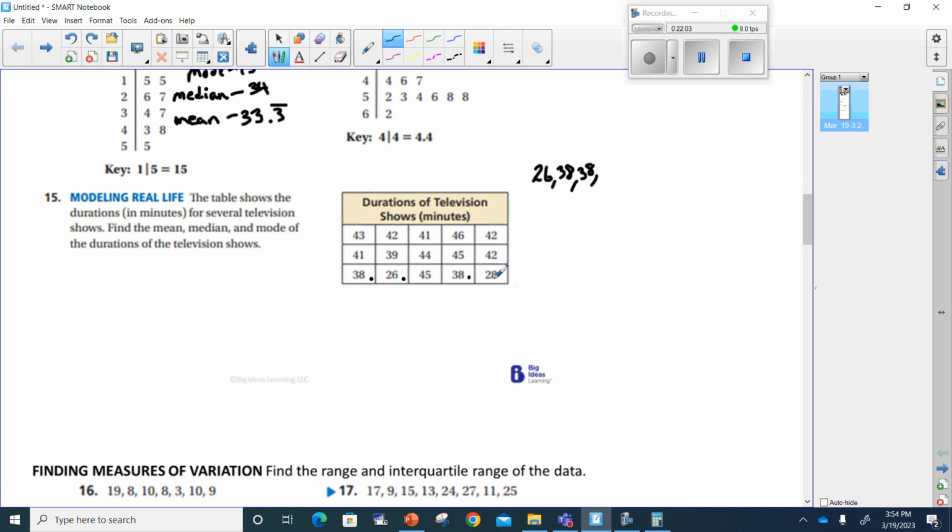Oh, I'm sorry, there's a 28 over here. So I'm going to take this and turn it into an 8 and make this a 26 over here. Sorry about that. So now we have 26, 28, 38, and 38. The next number looks like 39, because the rest of them are in the 40s.